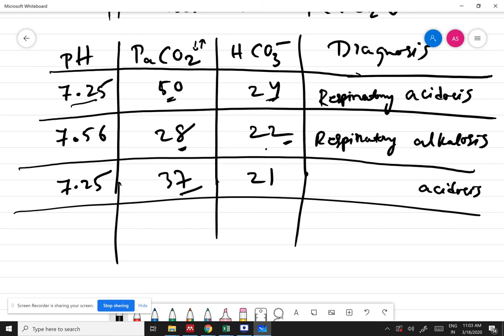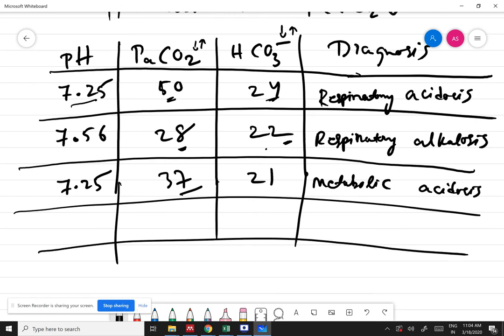This is less than 22. If HCO3 minus goes down, it produces acidosis. If it goes up, it produces alkalosis. So this is metabolic acidosis because it is happening due to HCO3 minus, and PaCO2 is normal.